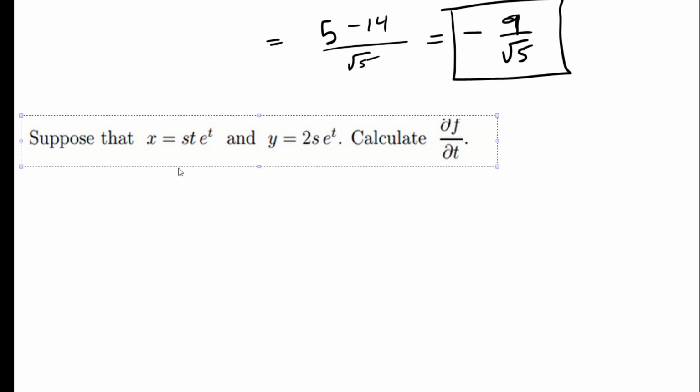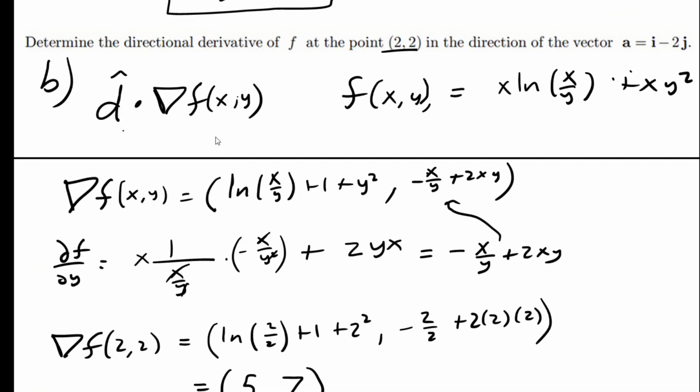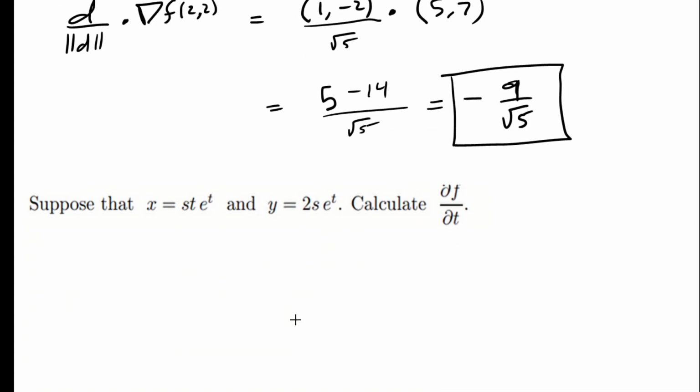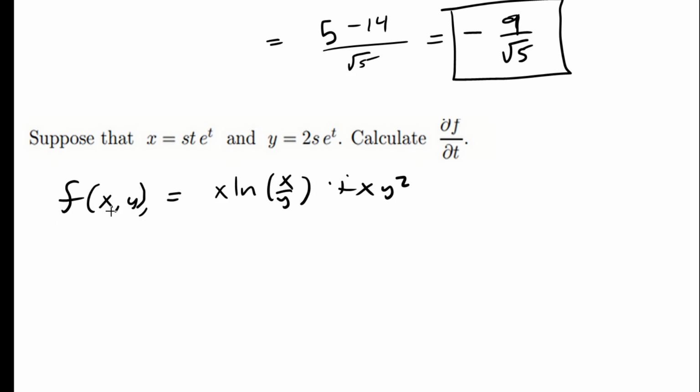Okay, suppose that x is this and y is this. So this is asking for the chain rule. Yes, this is a chain rule. And let's move f down here again as well. And I'm also going to want the gradient, and we'll see why. Okay, so df dt.